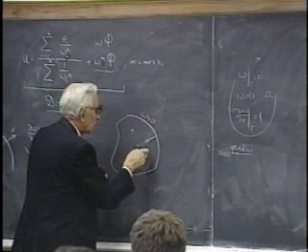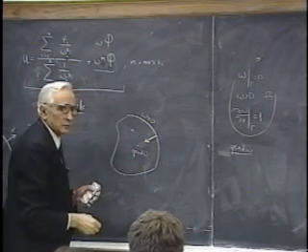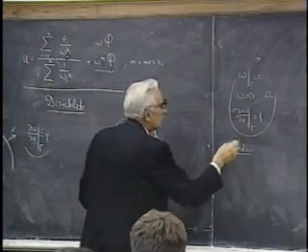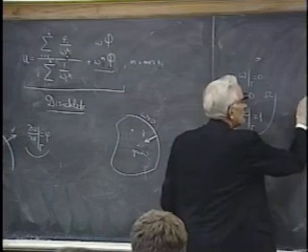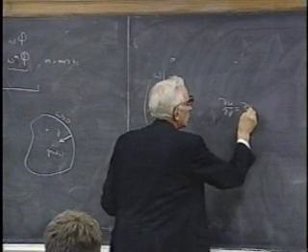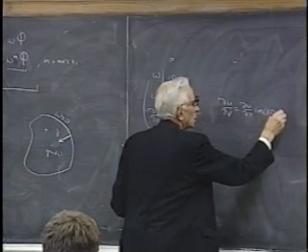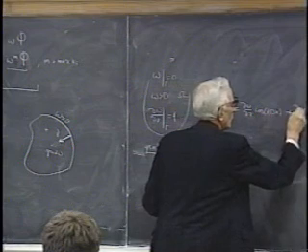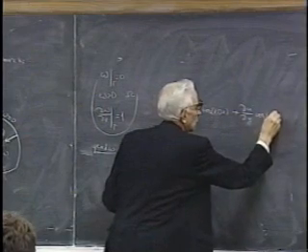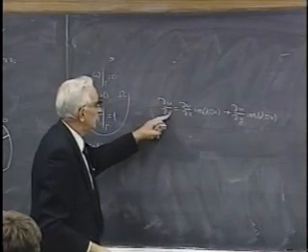So the normal and the gradient have the same unit length. But the derivative along the normal, this is the formula for the derivative in direction nu.